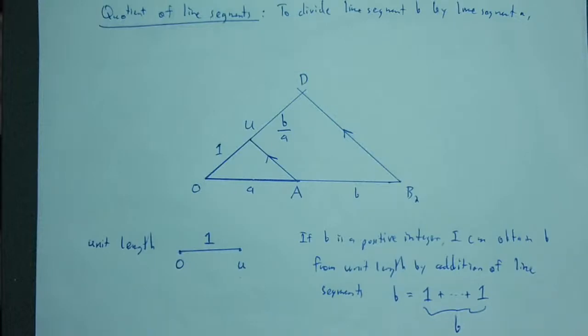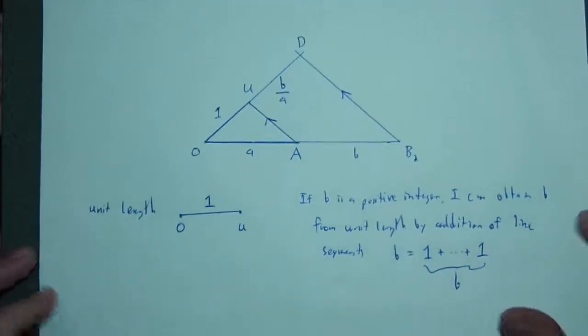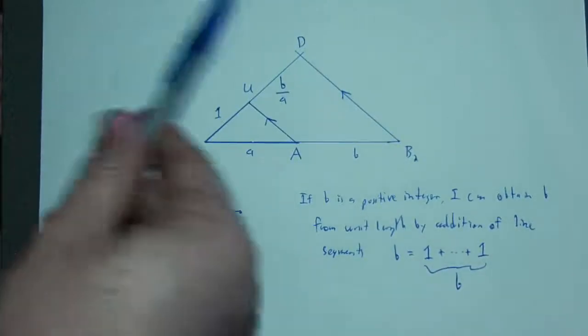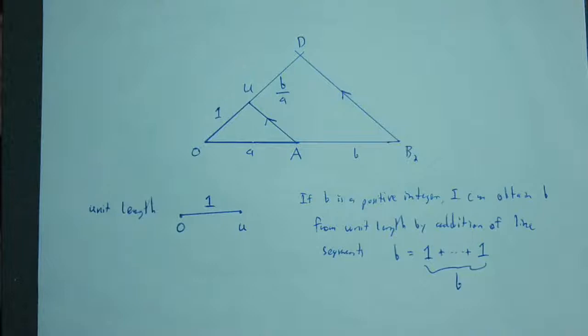I mentioned this when I talked about how to construct this segment from what I had started with here for multiplication of line segments. But now that we have quotients, this allows us to construct numbers that are a little bit more general, right?